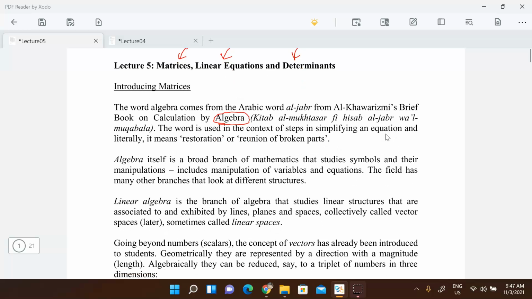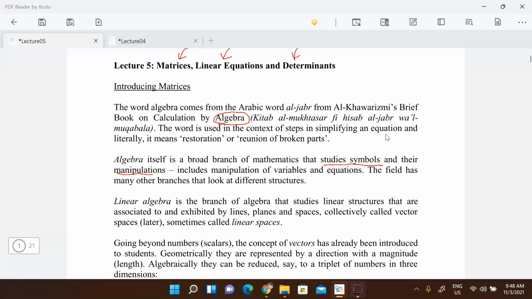Algebra has become the name of a broad branch of mathematics that essentially studies symbols and their manipulations. For example, when you write down an equation, sometimes you replace this by a variable written in terms of a symbol, and then these symbols are manipulated to get solutions. That's essentially what it is.